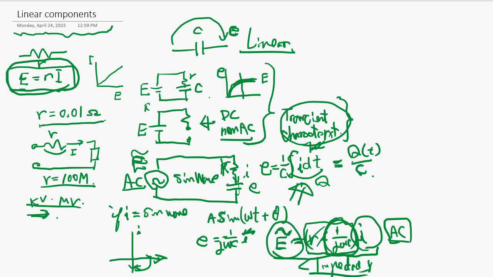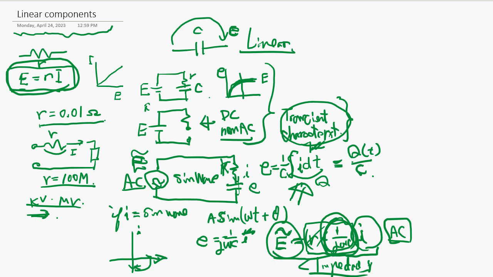But the integral becomes simply 1 over j omega C times I, and this is the capacitance impedance, and the voltage across the capacitance is impedance times the current. So it's AC, it changes plus and minus all the time, so current goes back and forth. The capacitor is charged one way and charged the other way in the next time, and charged back to the original way, and so on.